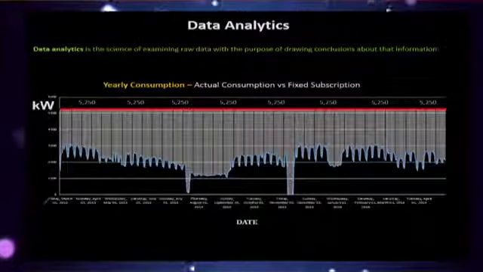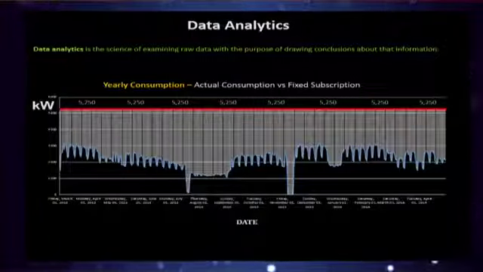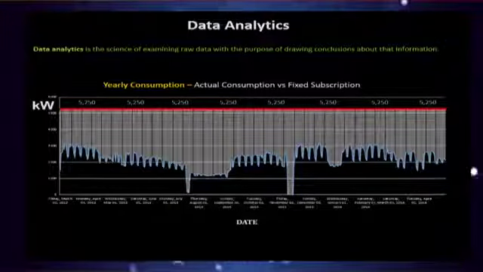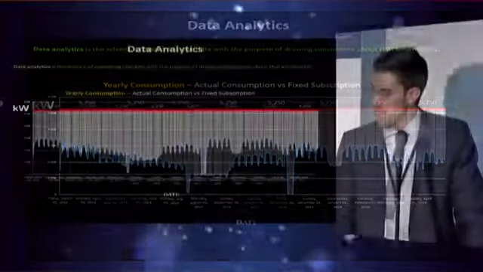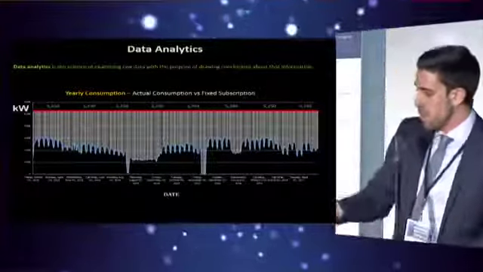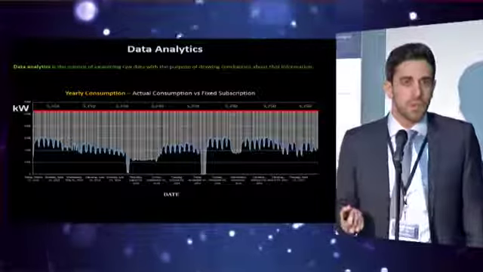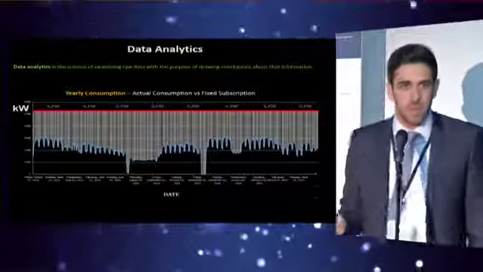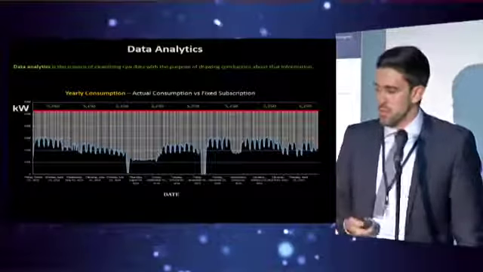So we had a subscription for 5,250 kilowatts. And you can see the blue line below is what the university actually consumed, for example, in the year 2014. So all this in between is wasted money. It's a loss for the university. And thanks to this system and not too long an analysis, we came to this conclusion.